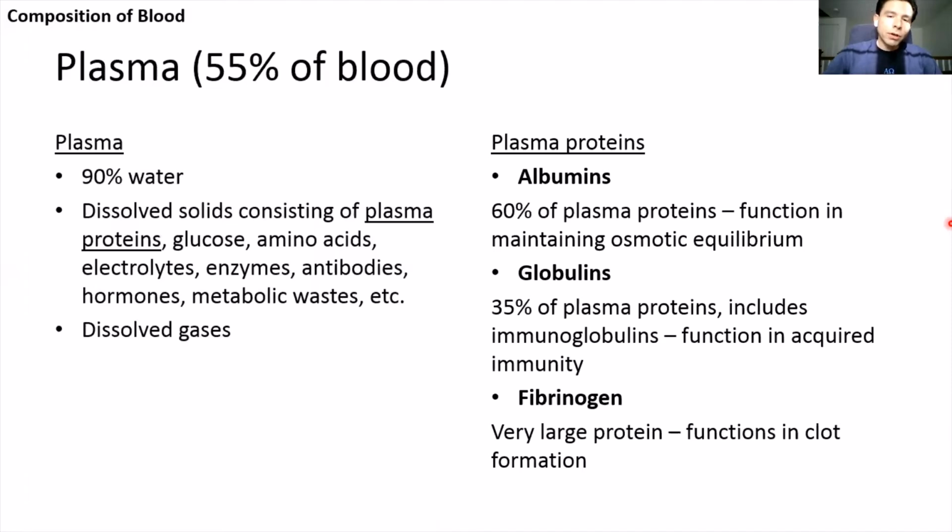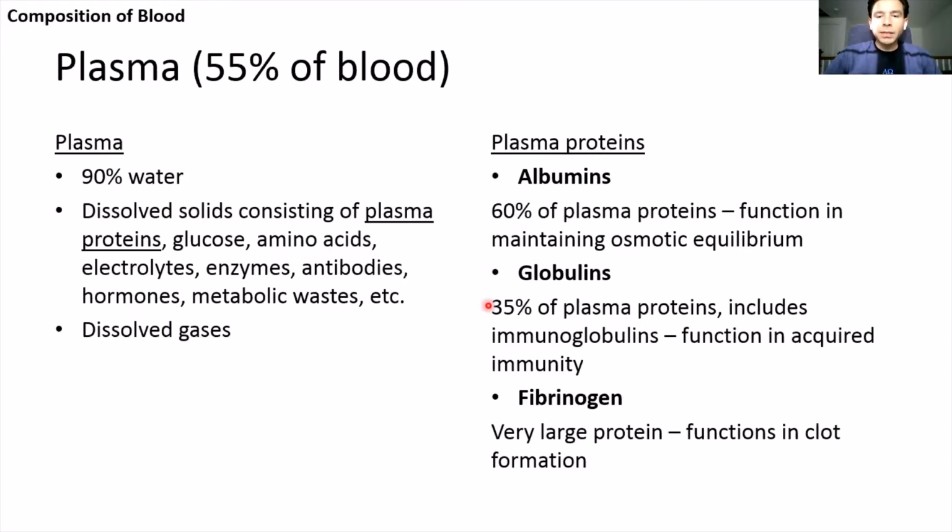Now, if we just focus on the plasma proteins mentioned here, they come in three kinds: the albumins, the globulins, and fibrinogen. Most of your plasma proteins are albumins, about 60% of them. These function mainly in maintaining osmotic equilibrium with the cells.